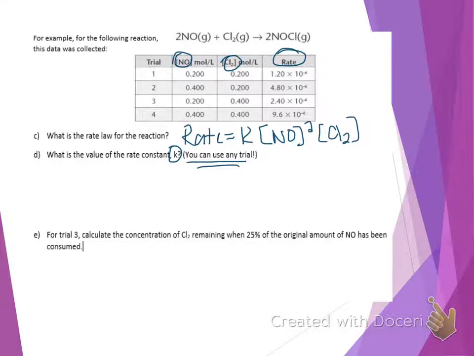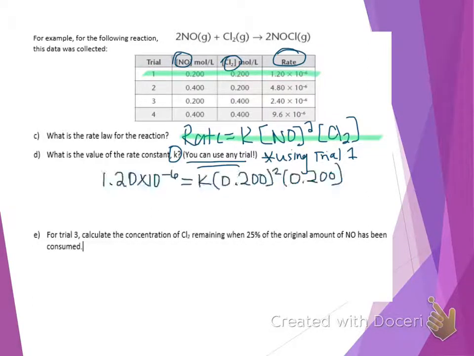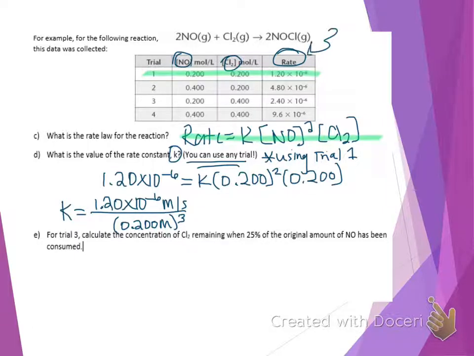I'm going to use trial 1 to calculate my rate constant. To do that, we just need to plug in all of our information from trial 1 into our rate law. We have our 1.2 times 10 to the negative 6 rate equal to k times 0.2 squared times another 0.2. So I can rearrange so that we are solving for k, and I added my units as well.